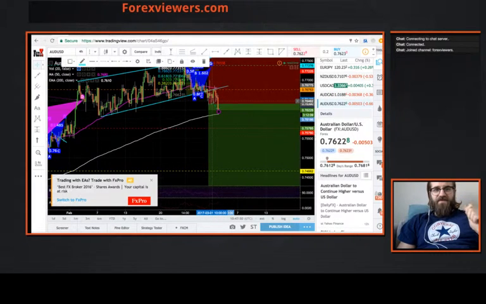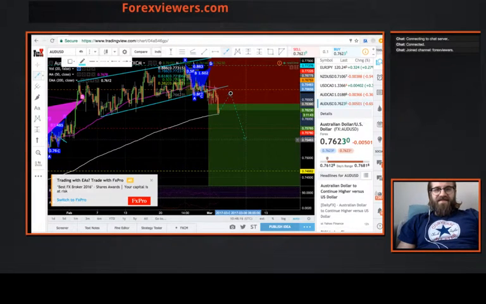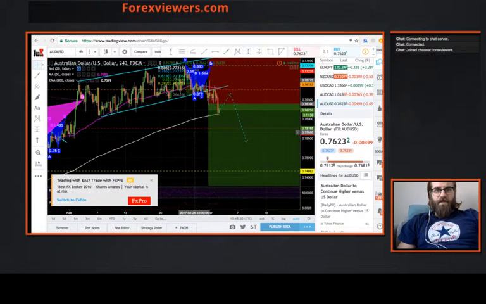And if we push even further, we're going to have the protection of this level right here, and then finally the tops there. But what I'm hoping is we're going to get a pullback, hopefully to this area, and then we're just going to continue downwards. So this is my hope for the Aussie dollar. We'll see what happens.